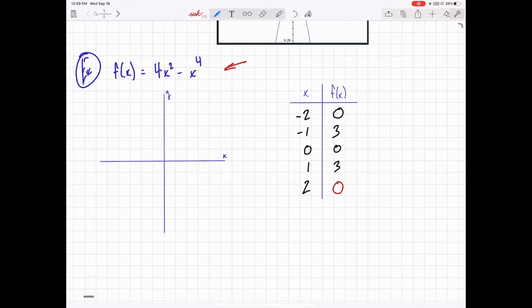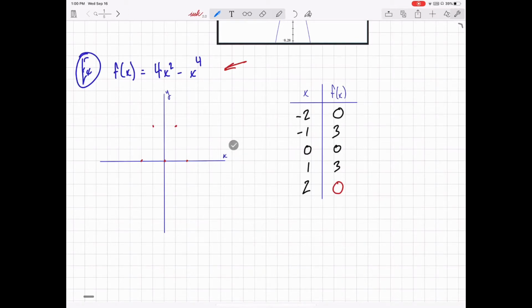On my graph, if I just plot those points, I'm going to have a point at 0, 0. I put some dots there. I'll have one at -1, 3, one at 1, 3, and -2, 0, and at 2, 0.